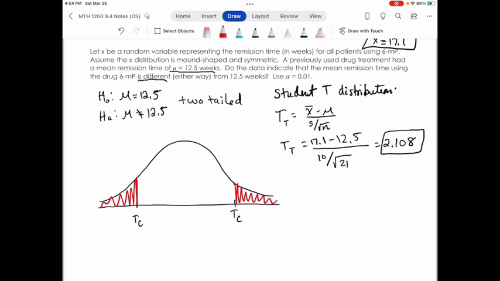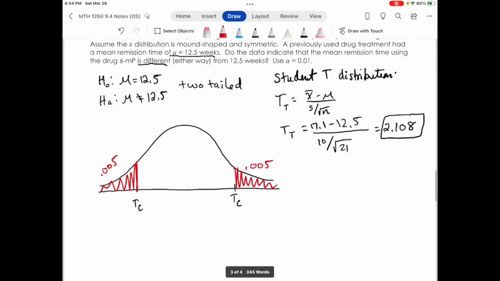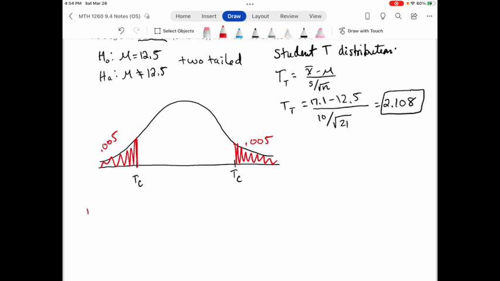And I want this to be split up between two wings. Now I want there to be a 1% level of significance. So when I split that 1% into two halves, that's going to give me 0.005 on either side. So I'm going to have to use inverse t now to find those critical values.